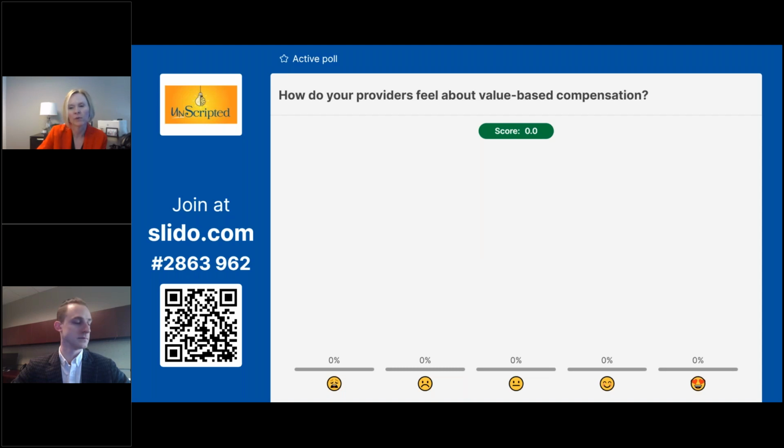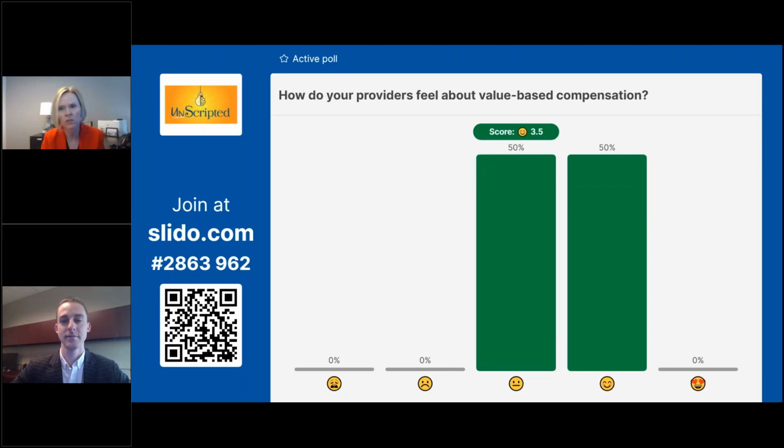Okay, so we've got the fun emojis at the bottom here. How do your providers feel about value-based compensation?